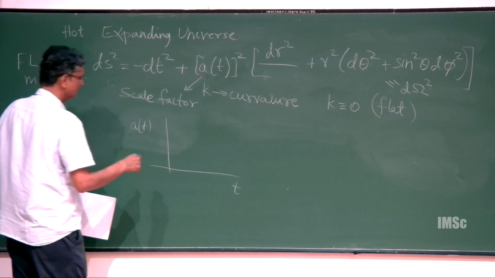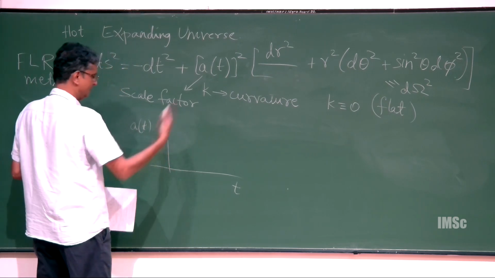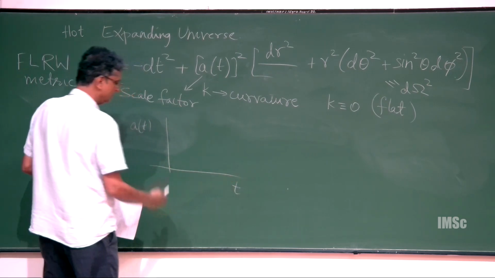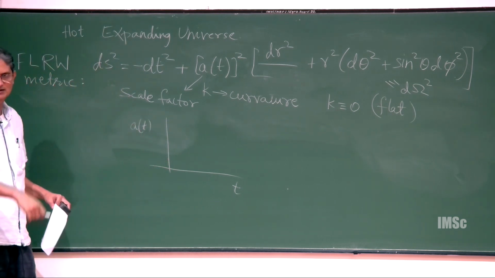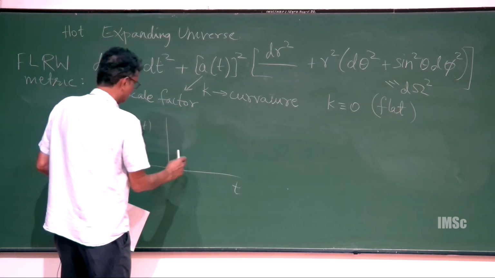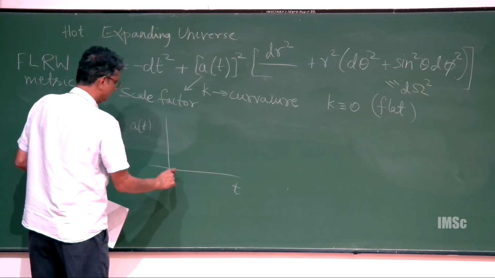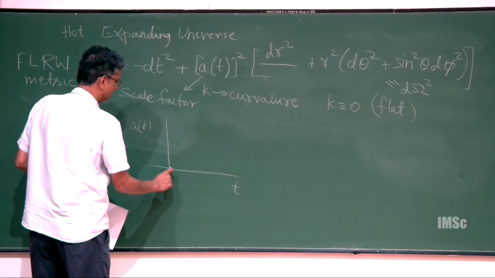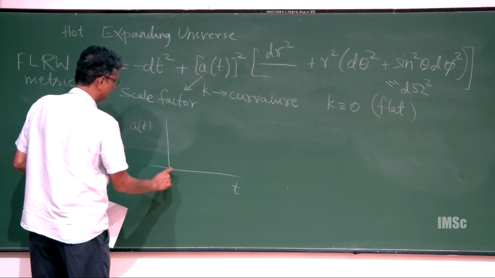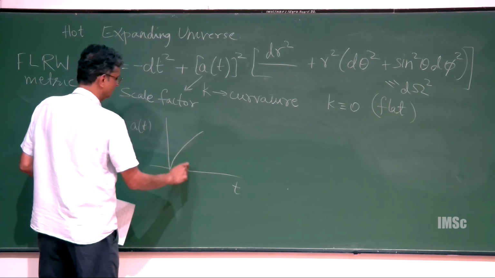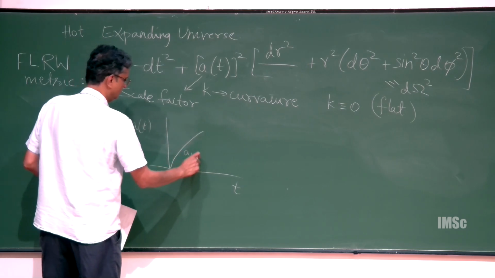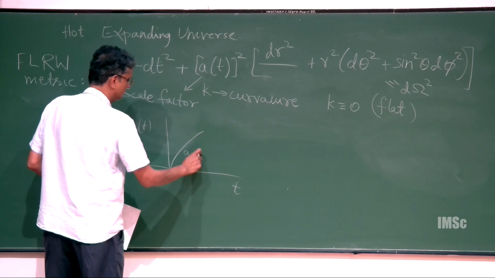So for an expanding universe, as t increases, a of t better increase, right? Otherwise you will be in a contracting universe. So let's say we have this behavior where I would like it to go like the square root of t.